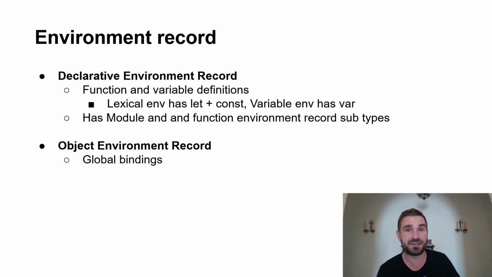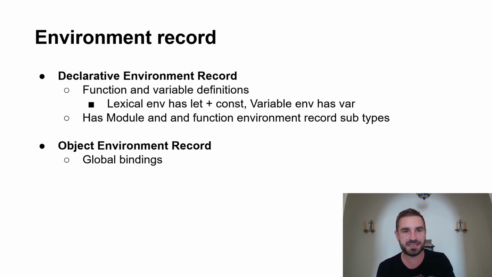An environment record has two types, a declarative environment record and an object environment record. Declarative has things like the function and variable definitions. It has module and function environment record subtypes. As you can see, we're getting a few levels deep here.